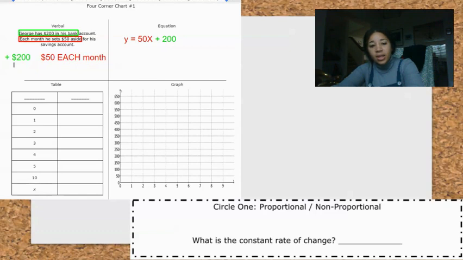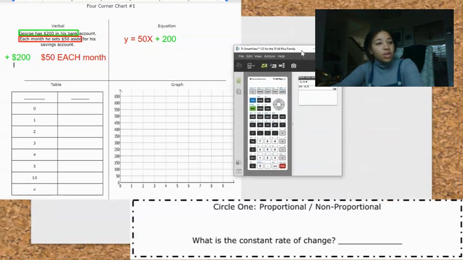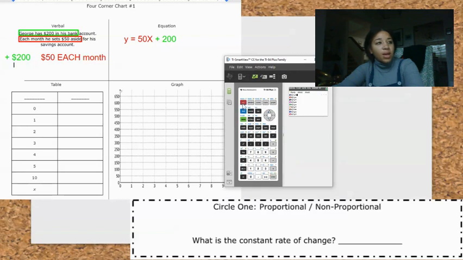So now that we have it like this, there's two ways to do it. I'm going to show you both. Now, we're going to press Y equals, and then we're going to type this into our equation: 50x plus 200. Then we're going to do second graph, and that'll allow us to fill in our table.